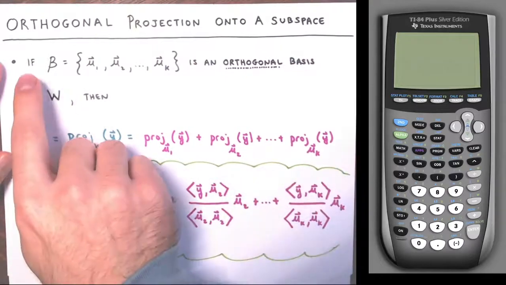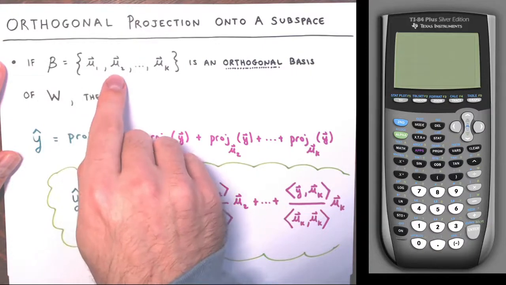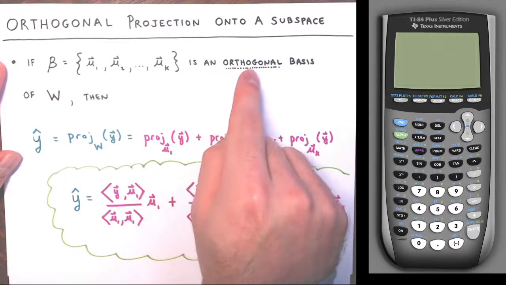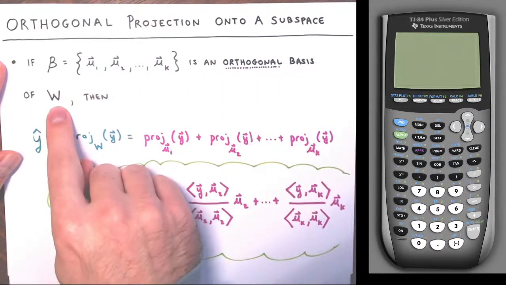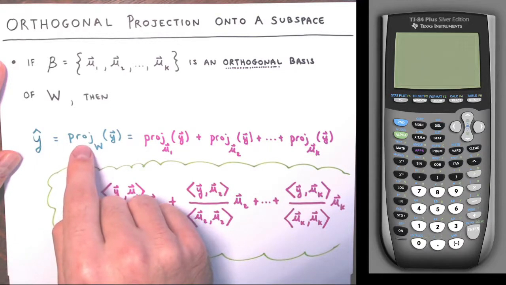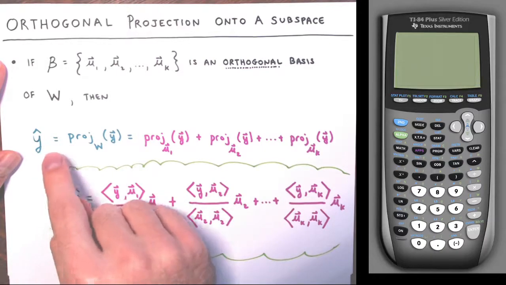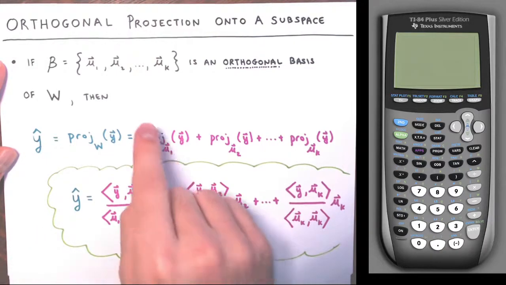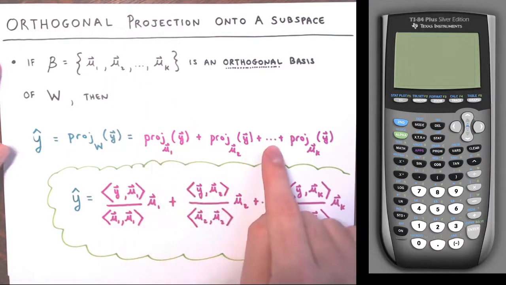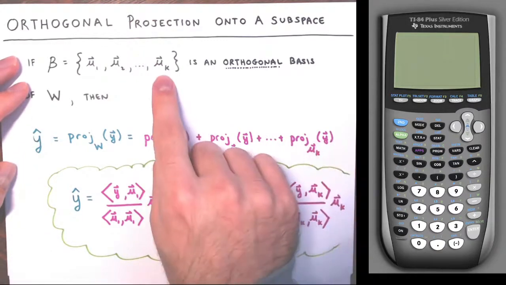Okay, and I've written that out more symbolically on this next page. Right, so if, say, set B here has vectors u1, u2 through uk, if this set B is an orthogonal basis of W, then the orthogonal projection of Y onto W, or this Y hat, is the projection of Y onto u1 plus the projection of Y onto u2 plus the projection of Y onto u3 plus the projection of Y onto uk.